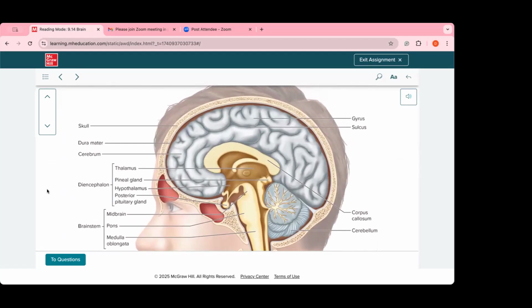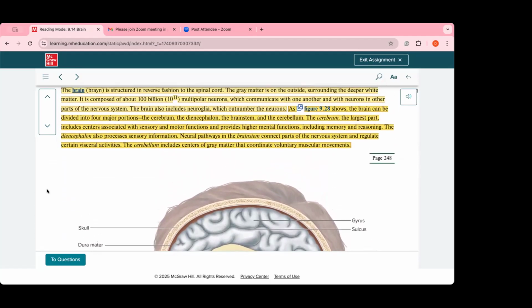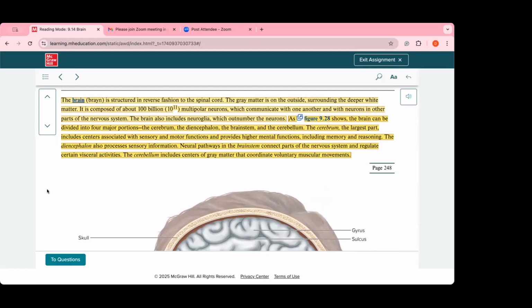Scroll up a little bit. No, it doesn't say. Okay, scroll down. I don't see which one is.